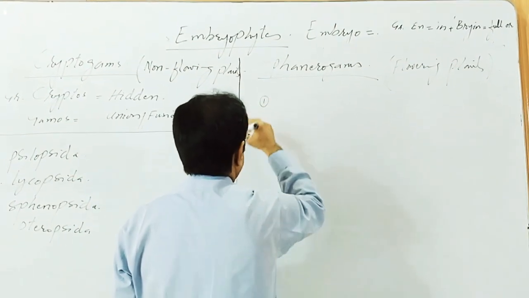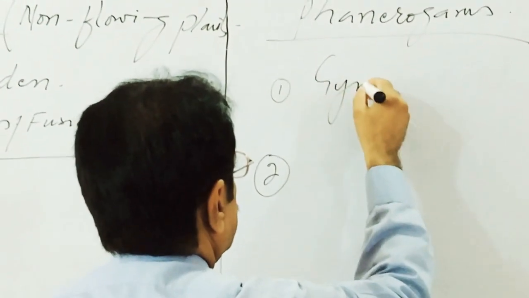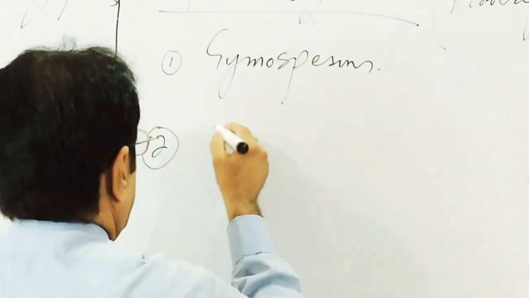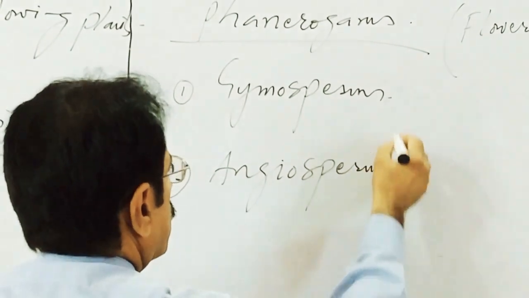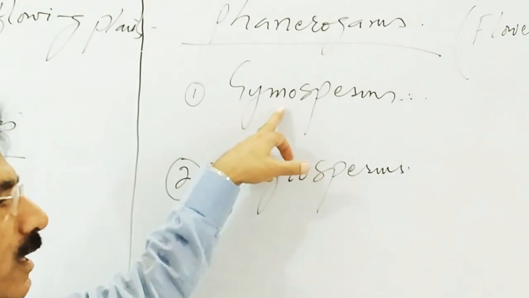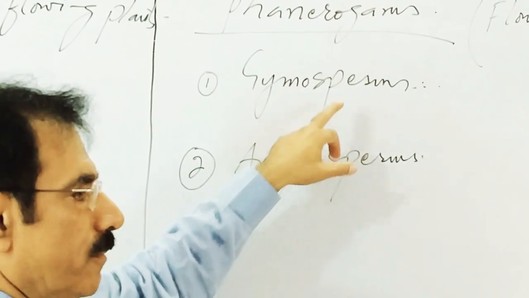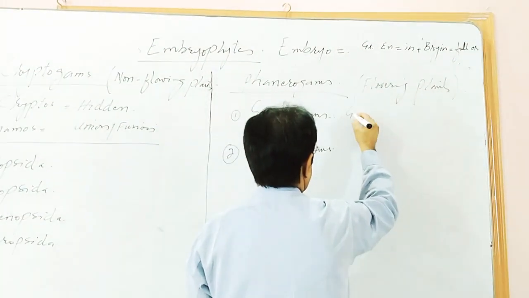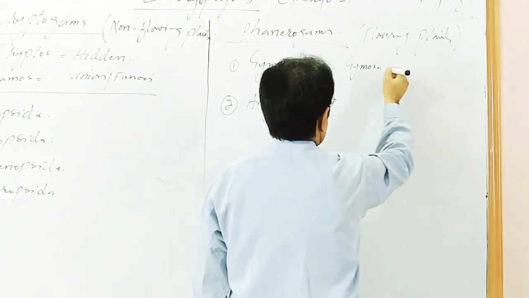They are called gymnosperms and angiosperms. The word gymnosperm is the combination of two Greek words, gymno and sperma.